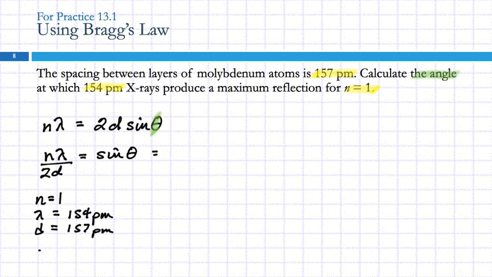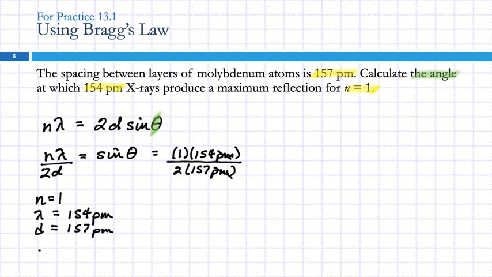So we can plug these numbers in: 1 times 154 picometers, divided by 2 times 157 picometers. We don't need to convert any units because the units are going to cancel out as long as they're the same.